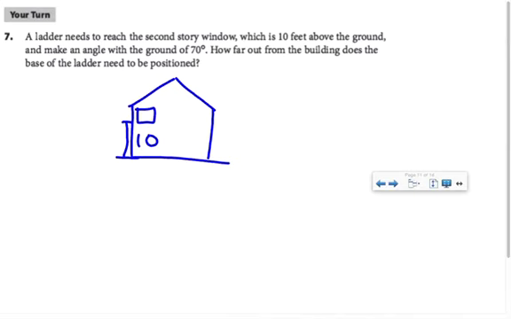I need that ladder to make an angle with the ground of 70 degrees. So here's my triangle. This angle here, that's 70 degrees. How far out from the building does the base of the ladder need to be positioned? That's my X.